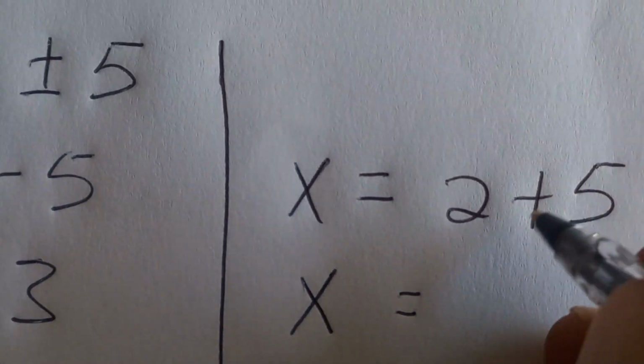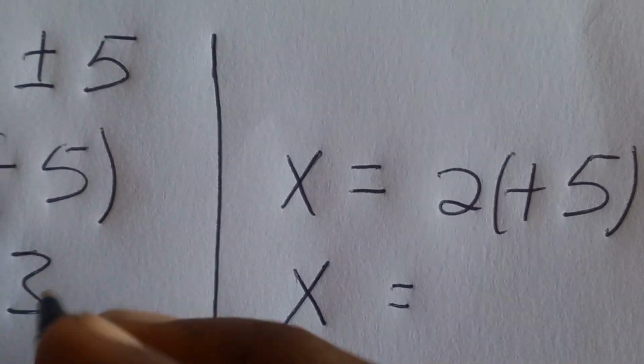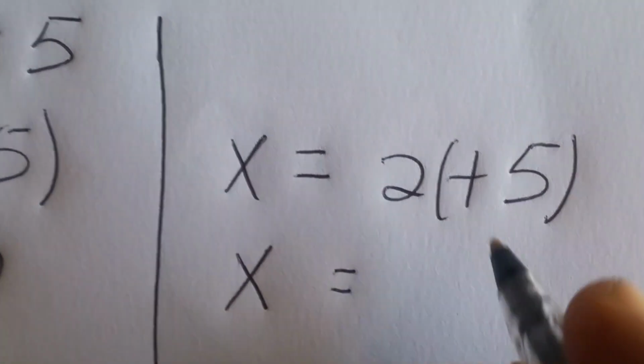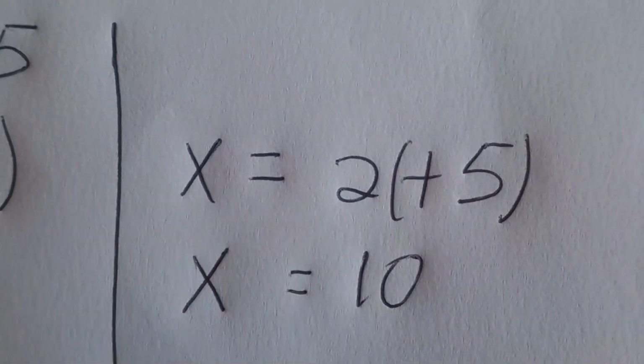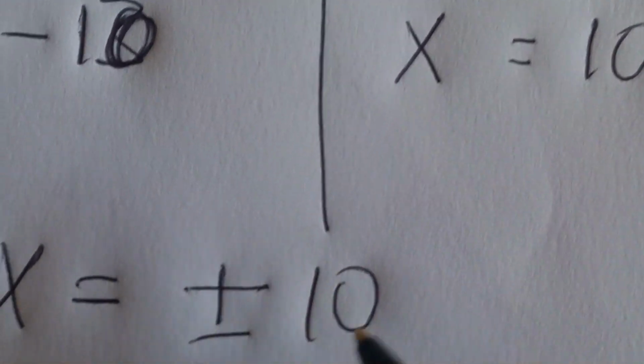Oh, sorry, so it will be like this: negative 10, then this one will be plus 10. So x is equal to plus or minus 10.